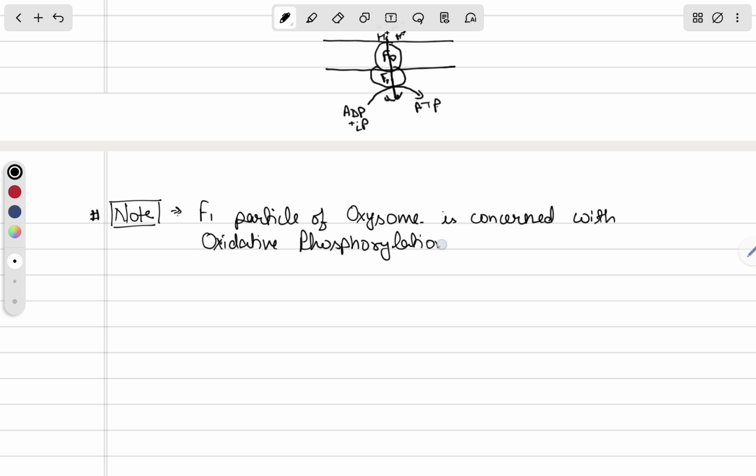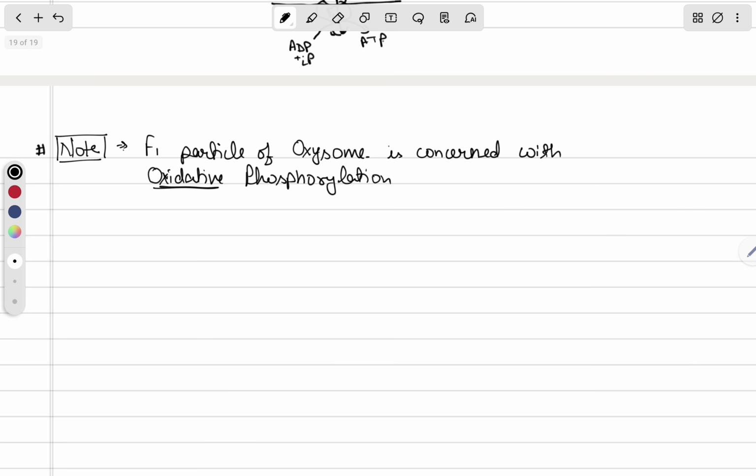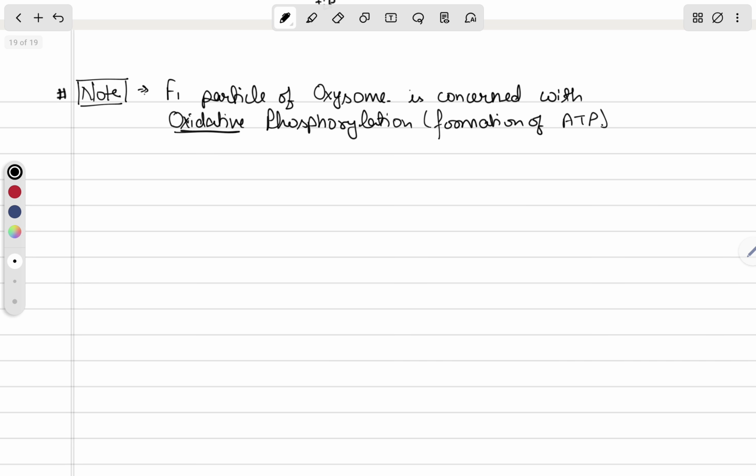Phosphorylation means synthesis of ATP. Oxidative means by using oxidation-reduction reactions, right? Oxidative phosphorylation, that is the formation of ATP. So we can say, since ATP is synthesized in mitochondria, this is a very, very important point for NEET.